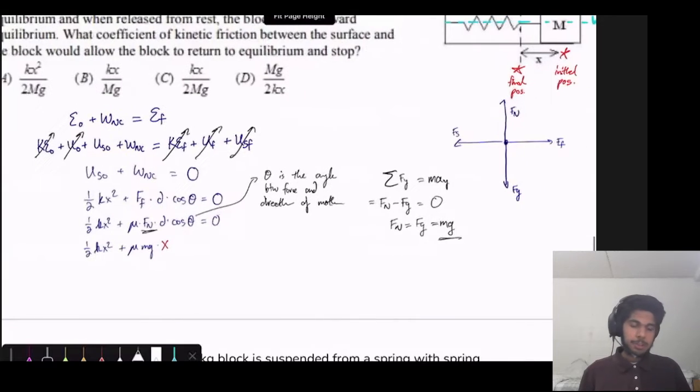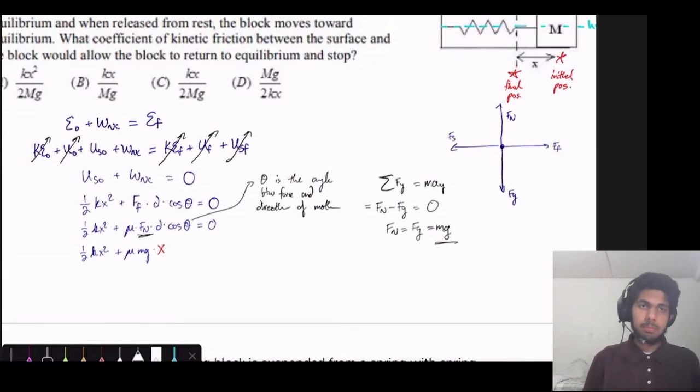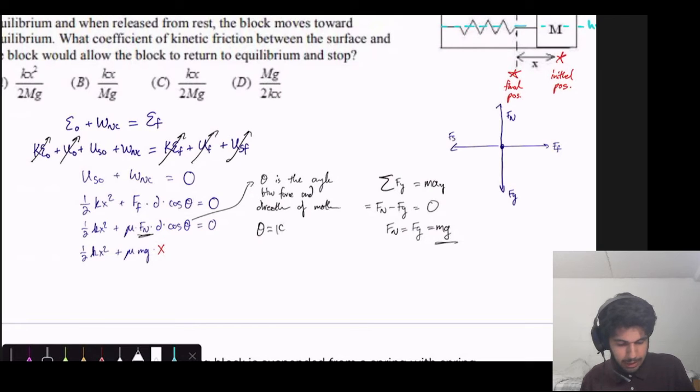We said that friction always opposes the direction of motion, so theta is equal to 180 degrees. That means cosine of theta equals cosine of 180 degrees, which is equal to -1. So we'll substitute a -1 in here, and that should equal 0.